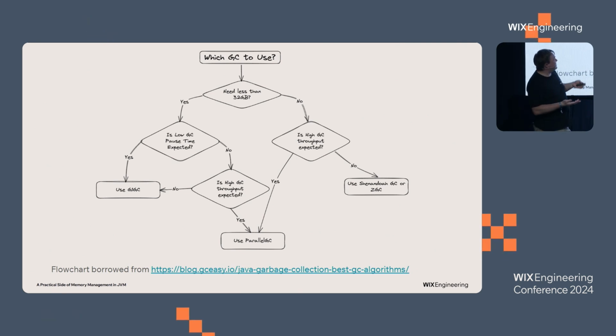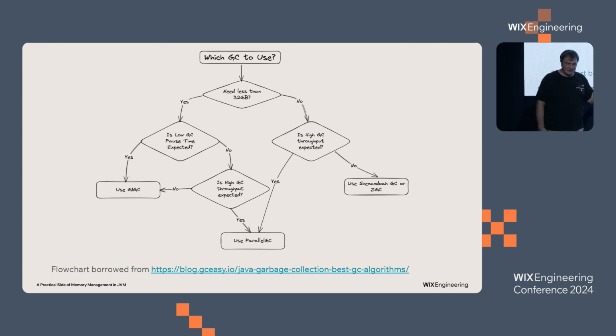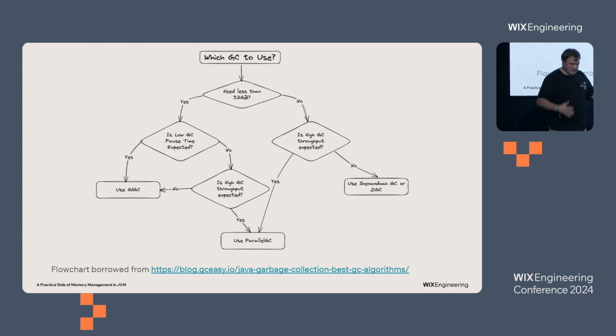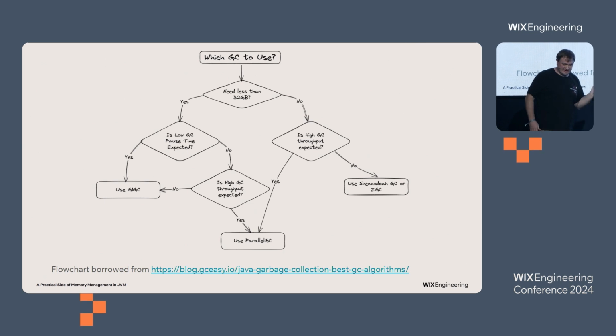Do we care about long pauses? Long in that aspect means like 3 to 30, 50 milliseconds. It's not like seconds. And do we care about high throughput, meaning is our service heavily loaded?